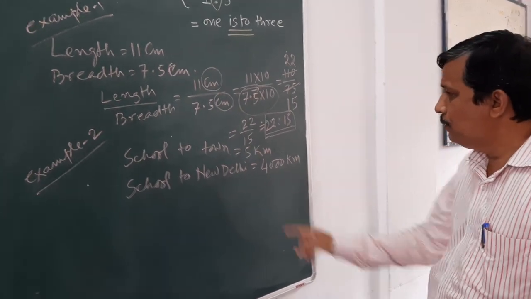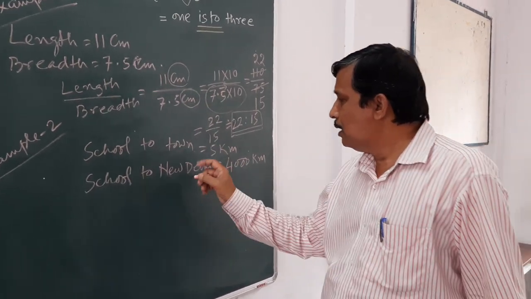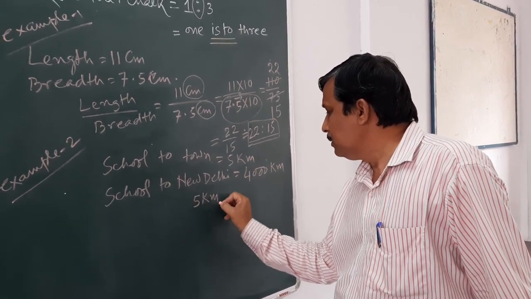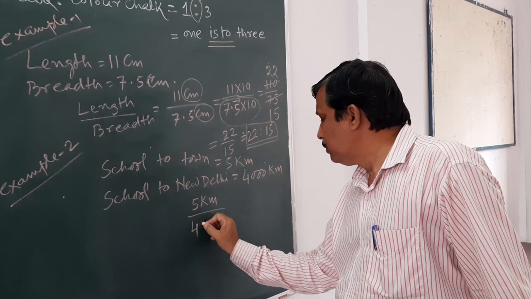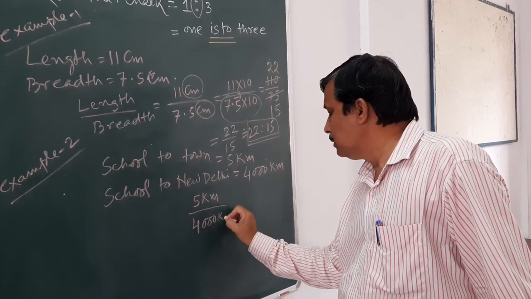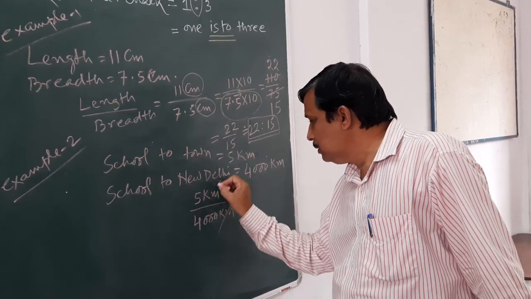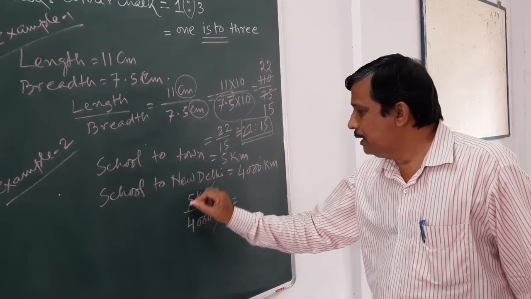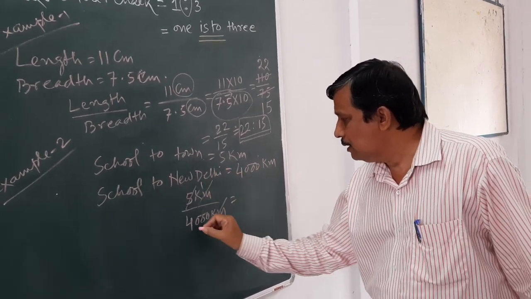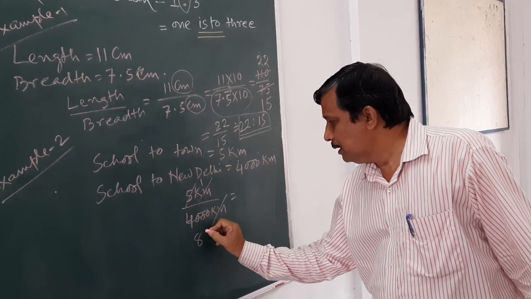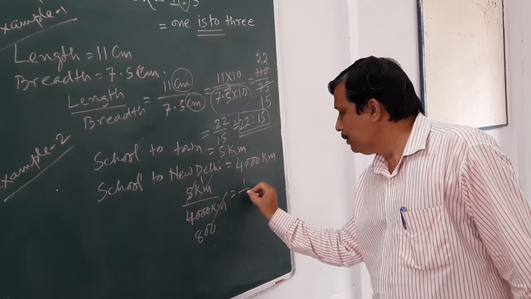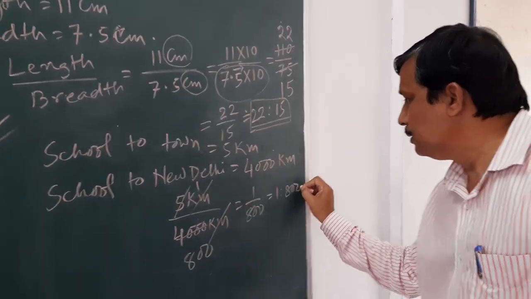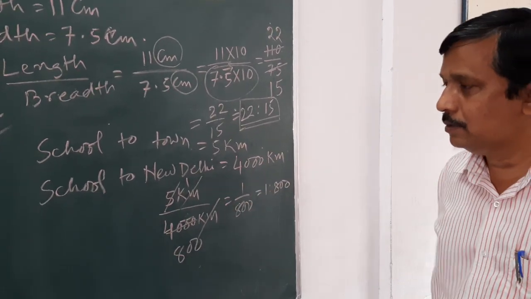You want to find out the ratio of the two distances, that is 5 kilometers by 4,000 kilometers. Here again the unit is the same, so it is cancelled out. Now if you divide this by 5, then this is 1 and here it will be 800. So 1 by 800, that is 1 is to 800. So this is the ratio.